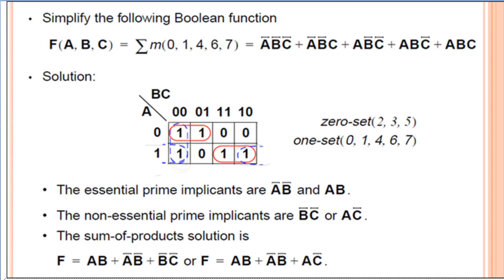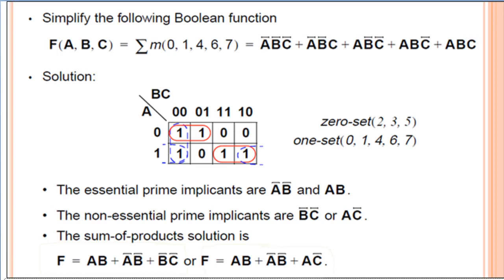That means you can take only one group, either this one or this one. That's why this function has two possible answers, either this one or this one.